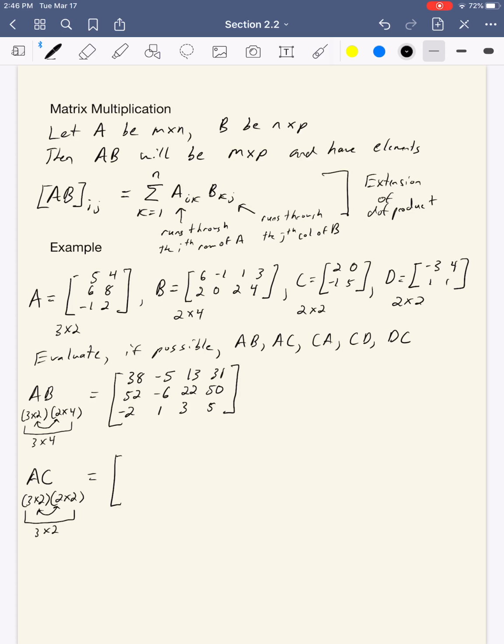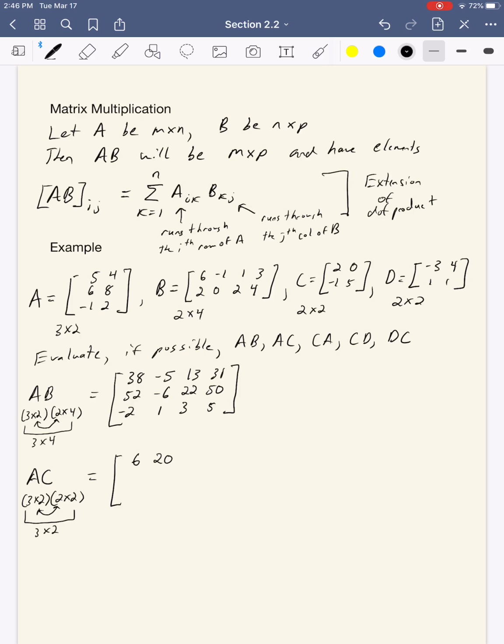So let's see what 3 by 2 matrix we actually get here. All right, to start with, we'll take the first row of A and use the first column of C. So if we do that, we're doing the dot product of 5, 4, and 2, negative 1. That sounds like we'll get a 10 and a negative 4, so that should be a 6. Then 5, 4, and 0, 5. That sounds like we should get 20. 6, 8, and 2, negative 1.